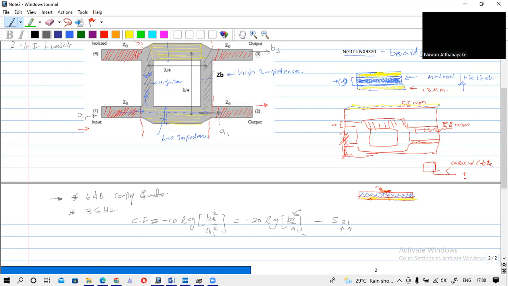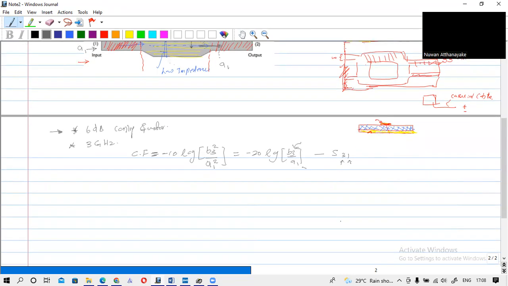We have learned this in our lab 1, I explained this in the physical lab session. So this is nothing but the S31 parameter. If you are given the coupling factor, that is 6 dB, we can find the magnitude of the S parameter.